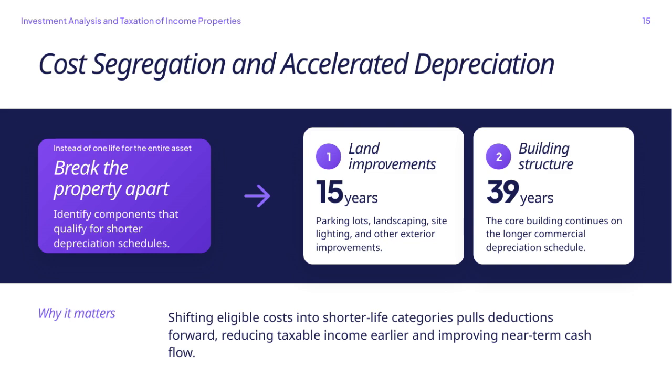Why is this important? By identifying these components and shifting eligible costs into shorter life categories, we accelerate depreciation deductions. This means you can reduce your taxable income sooner and improve your cash flow in the near term. Essentially, it's a smart way to maximize tax benefits and make your investment more financially efficient.